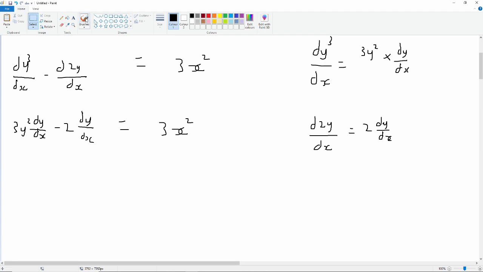Alright, so now what we have to do is a bit of algebraic manipulation to get dy by dx on its own, so that's fairly straightforward. We can factor out the dy by dx into 3y squared minus 2, and that's equal to 3x squared.